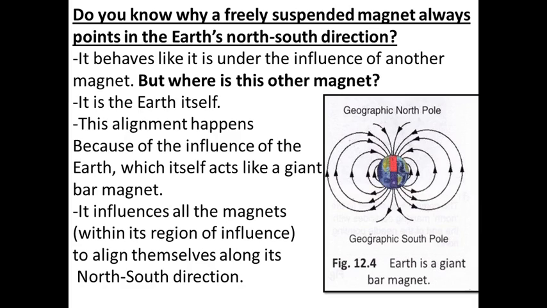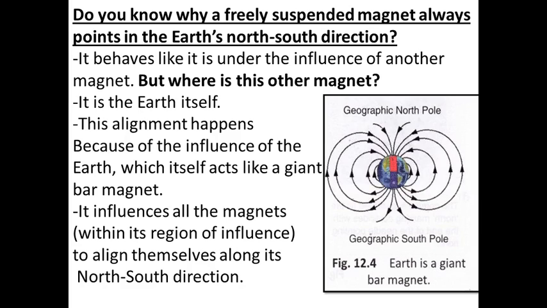Another question is, why does the magnet always point in the north and south direction, why not east and west? One reason is that the earth itself is like a giant magnet, correct? Earth also attracts the things that we throw. It has two separate magnetic poles, which are close to the earth's geographic poles.